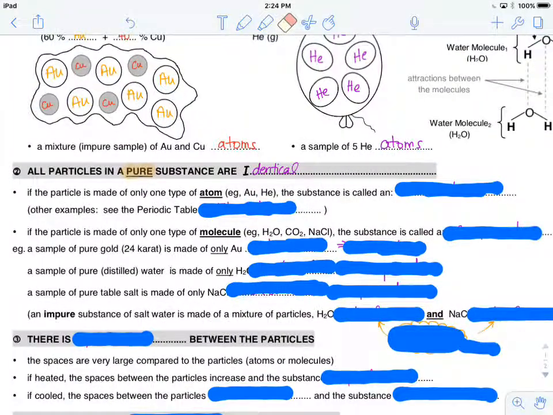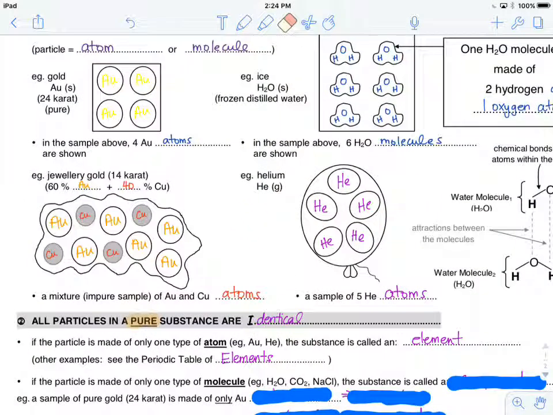If the particle is made of only one type of atom, then the substance is called an element. Right? And so other examples of this you can see on the periodic table of the elements. So for example, up here we had gold and we had helium, those are elements.